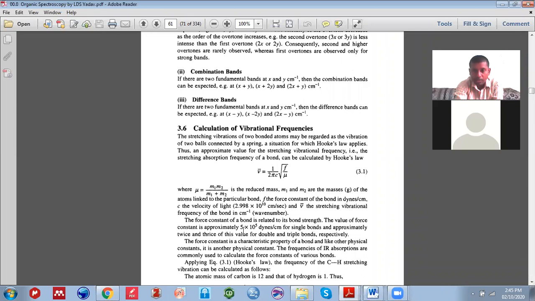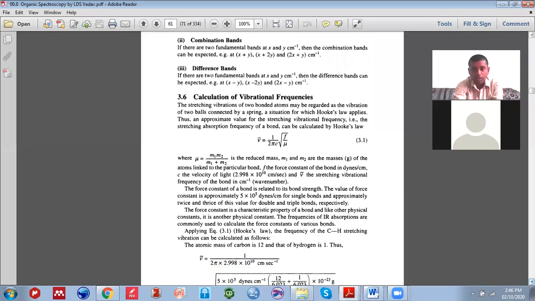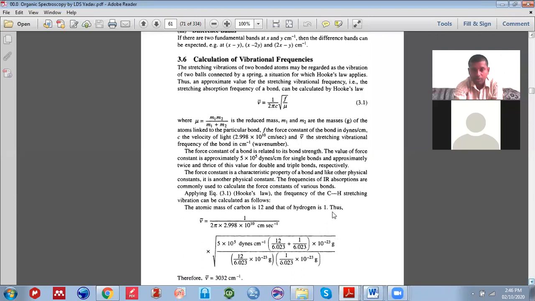That is, for a double bond 10 into 10 to the power 5, and for a triple bond 15 into 10 to the power 5 dyne per centimeter. These are fixed values of force constant. So according to Hooke's law we can calculate the CH stretching frequencies very easily by this formula.